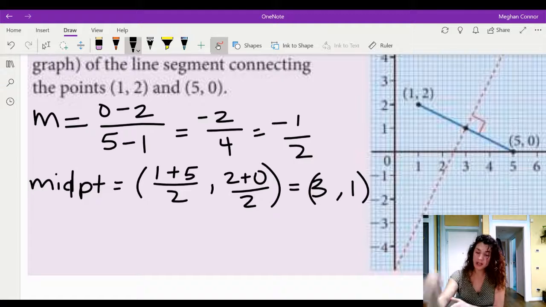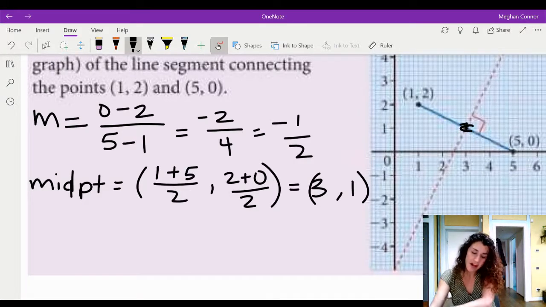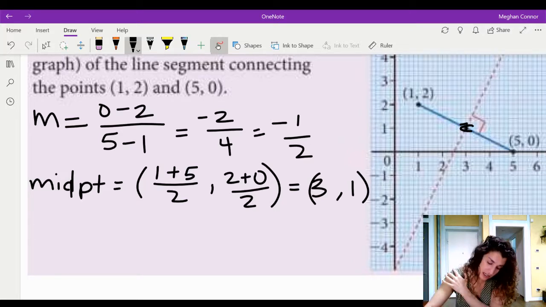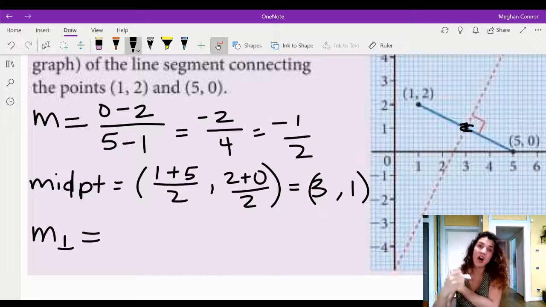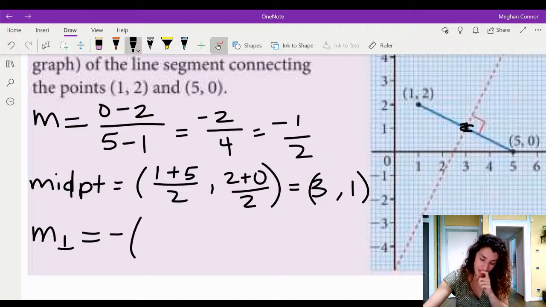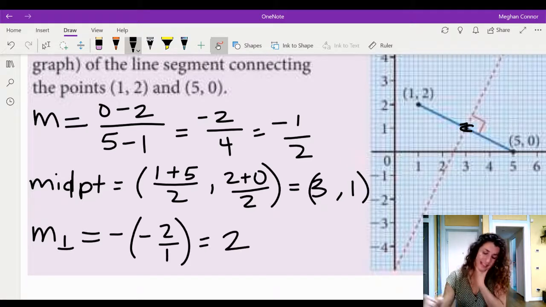So I've got a point. I know what that midpoint is right here. That's 3, 1. And I've got my original slope. Now I need to find my perpendicular slope, which is the negative reciprocal. It's already negative, so it's going to become positive, and 1 over 2 is going to become 2 over 1, which just all simplifies down to 2.